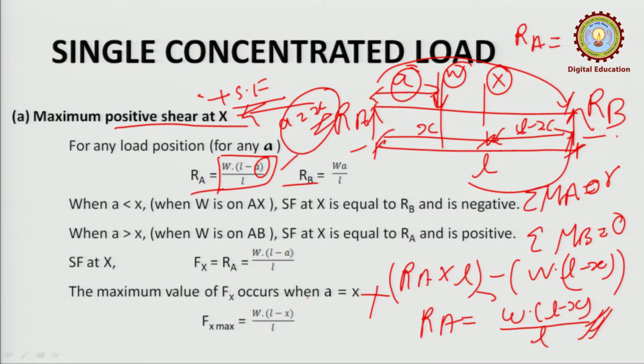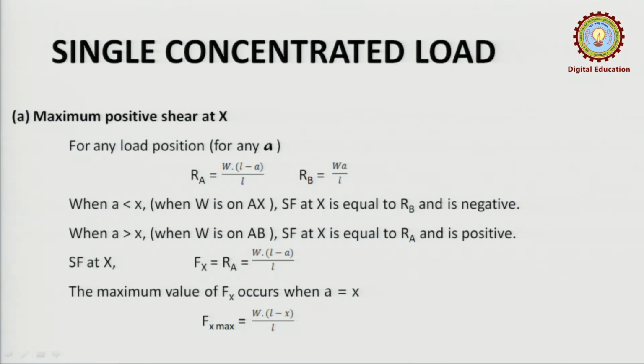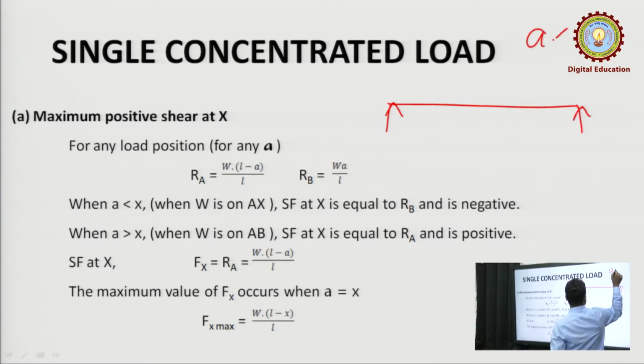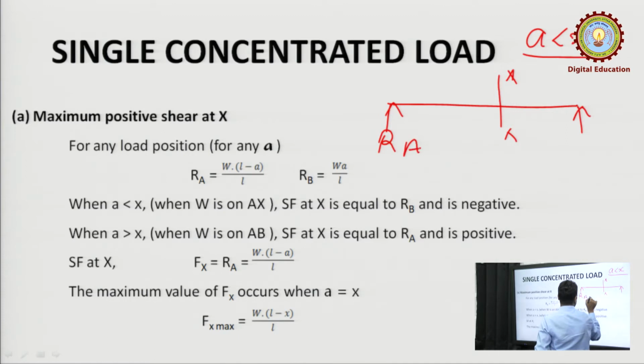Now when your load is working on A, which is less than x. Suppose this is your section X, this is the value of Ra, this is the value of Rb.